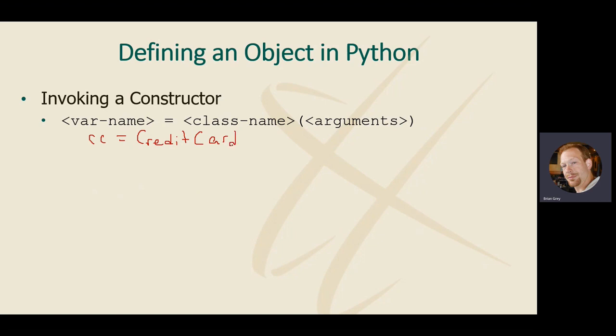We give parentheses. And we give our list of arguments. Right? This calls the constructor with the list of arguments. Okay? Whatever our arguments are, and I'm leaving it vague because we haven't defined that yet for our credit card.